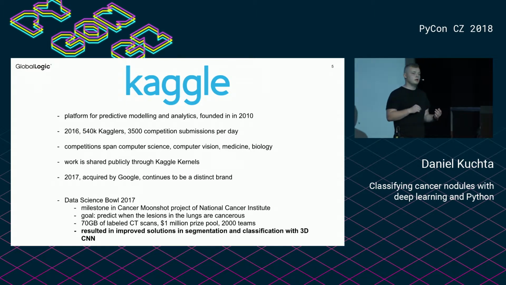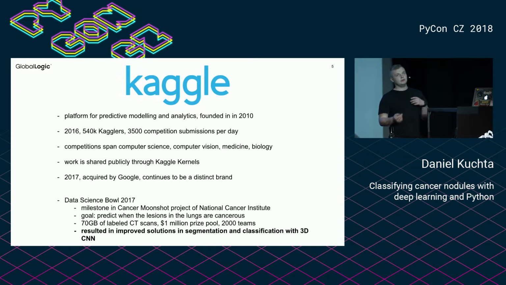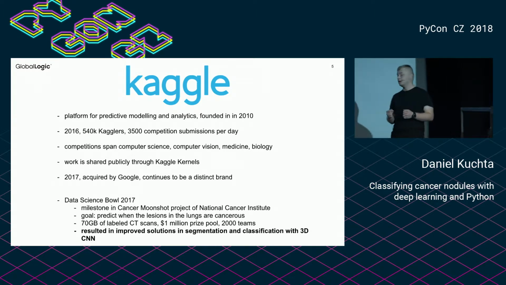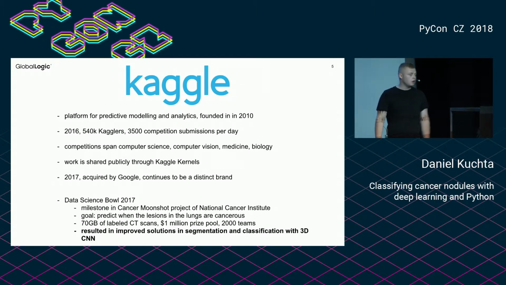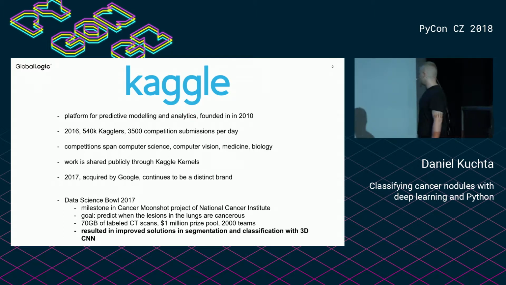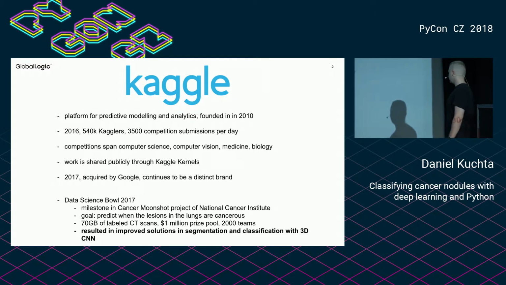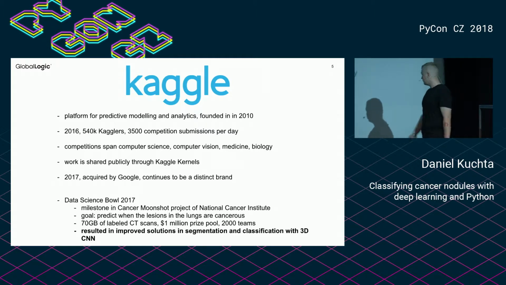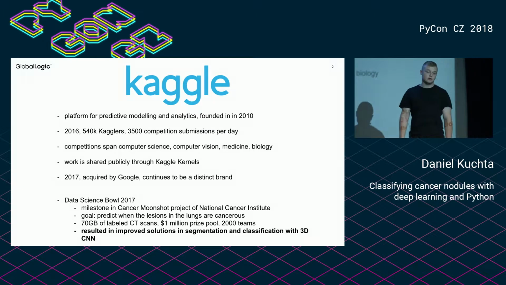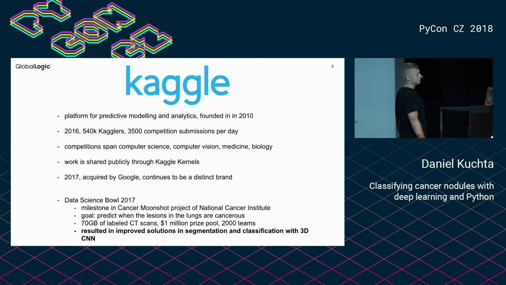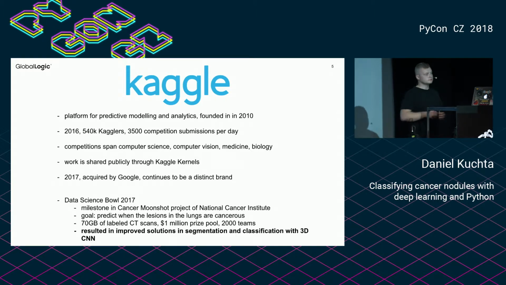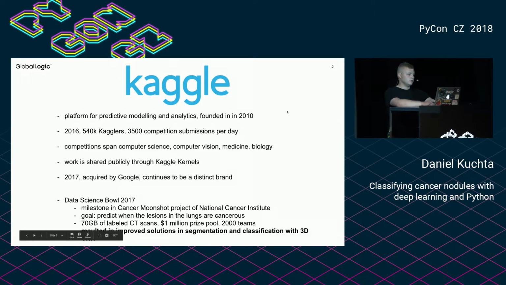The data set was not particularly useful for us, but on Kaggle there are also kernels where people share their code, and we were quite inspired in areas such as segmentation of lungs and segmentation of nodules, and also about what the standards are in working with CT scans in Python.